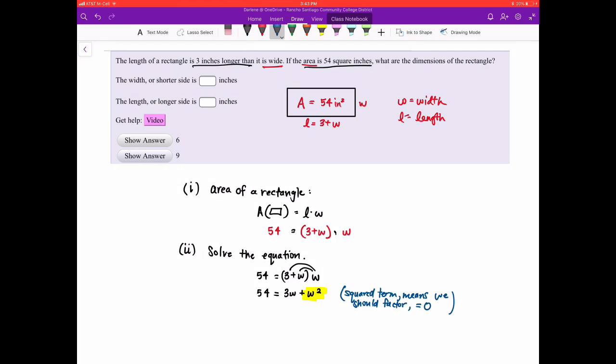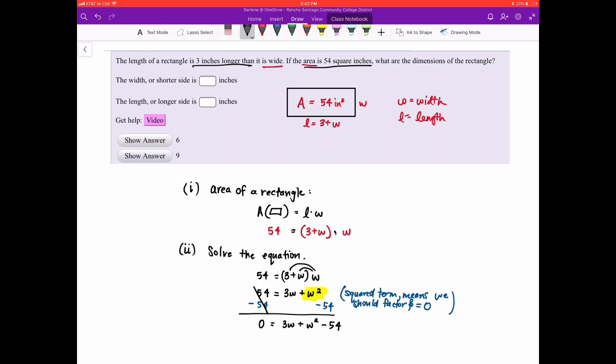And so here, in order to set it equal to 0, we'll go ahead and subtract 54 from each side. And we'll get 0 on the left equal to 3W plus W squared minus 54.